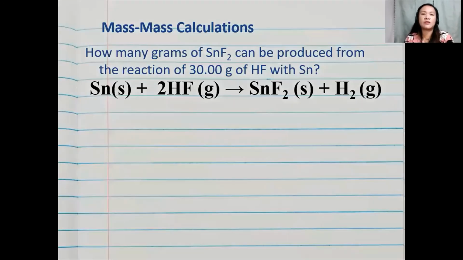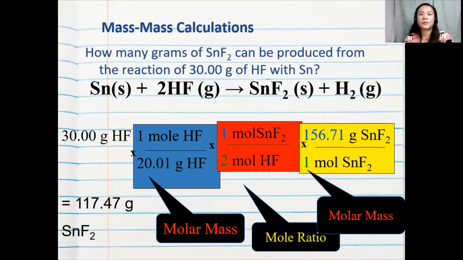So again, let's review. That will be 30 grams of HF. We multiply it with the molar mass of HF. Then we multiply it by the mole ratio of SnF2 and HF. Then we multiply it by the molar mass so that we can get the final answer.